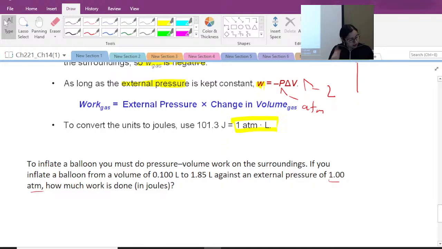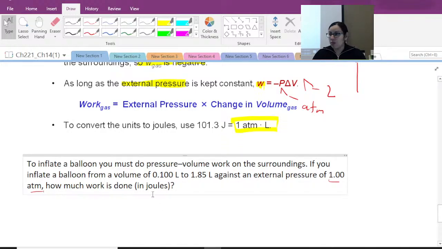Then chat, you can post answers too once you have them. So do we have answers for this one?